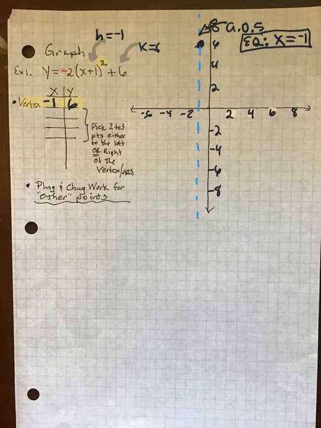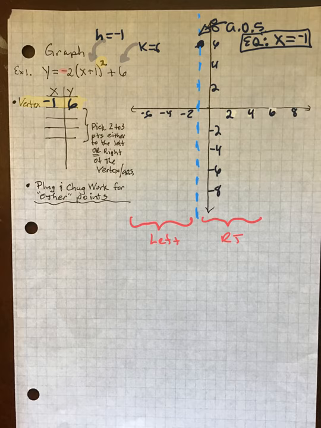So we also want you to write the equation for the axis of symmetry when you're graphing. Okay, so now that we have the vertex, we're going to pick 2 to 3 points either to the left-hand side of the axis of symmetry or the vertex, or pick 2 or 3 points on the right-hand side. It doesn't matter whether you pick points to the left or to the right, but you want it to be either to the left of the vertex, which is also the axis of symmetry, or to the right of the vertex / axis of symmetry.